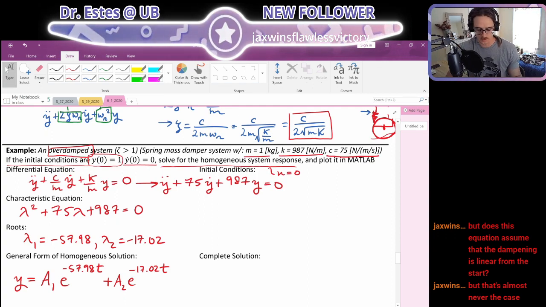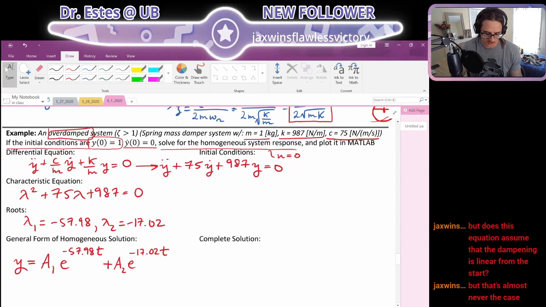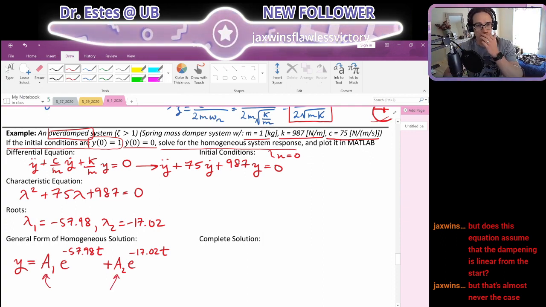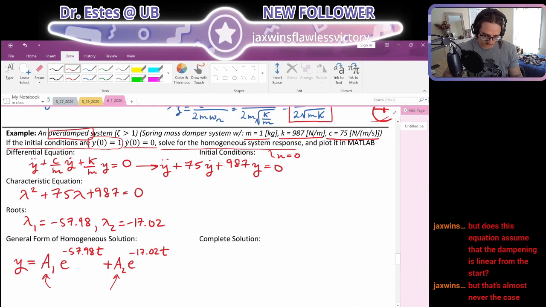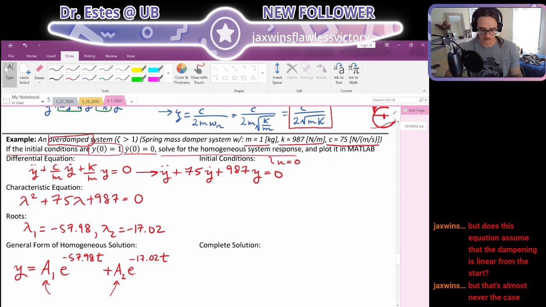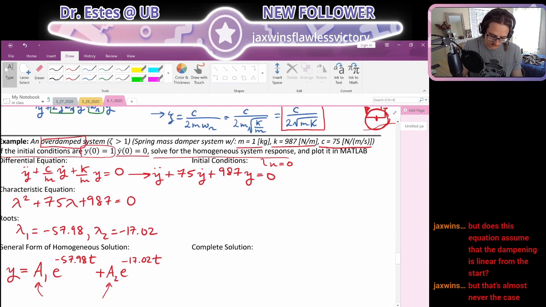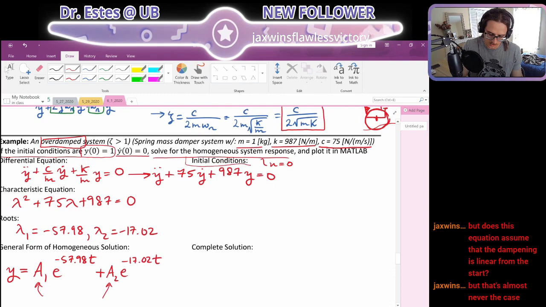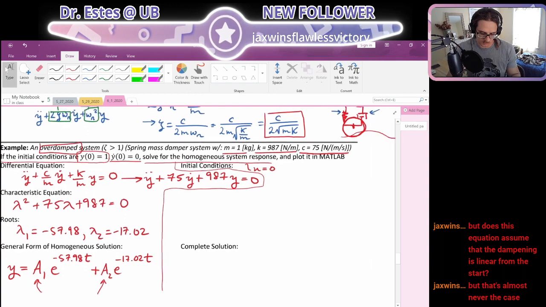All right, so next, we want to solve for what A1 and A2 are. The way we do that, we use the initial conditions. Oh, I planned on saving some space over here for that. Okay.